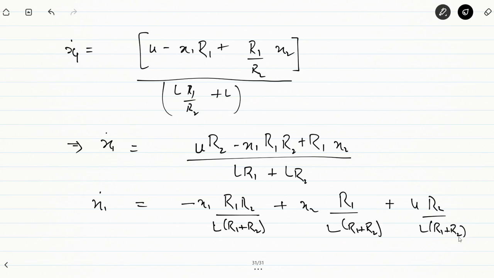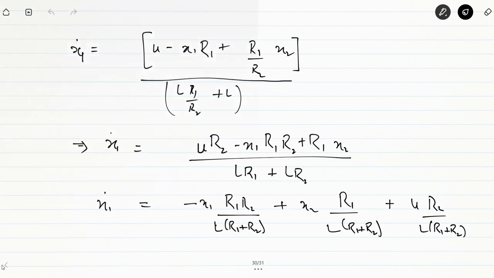Simplifying this, you will be getting minus x1, इसका coefficient R1 by R2 L(R1 plus R2) है, plus x2 R1 by L(R1 plus R2) plus u R2 divided by L(R1 plus R2). So this is x1 dot.